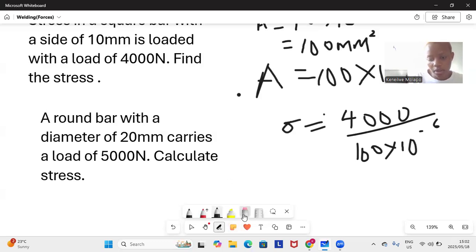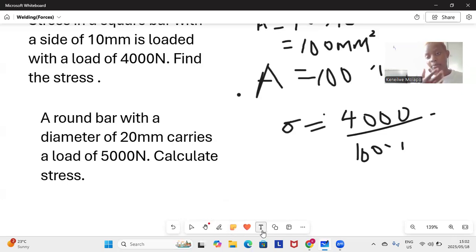So we'll say 4,000 over your area, which is just 100. Then here it is 4,000 over 100. So your answer will be 40 MPa. I made a mistake there when I said pascals. It's MPa.